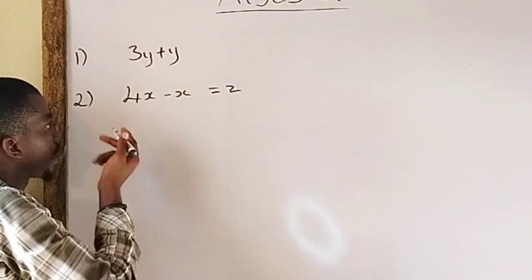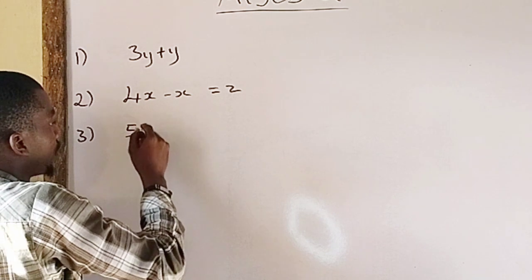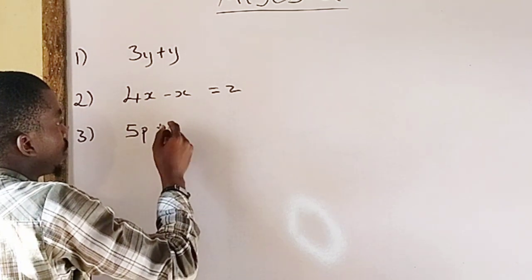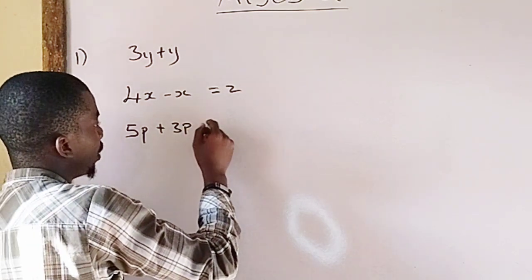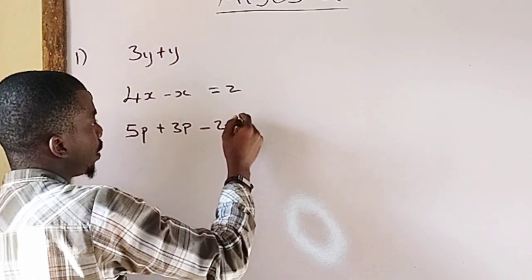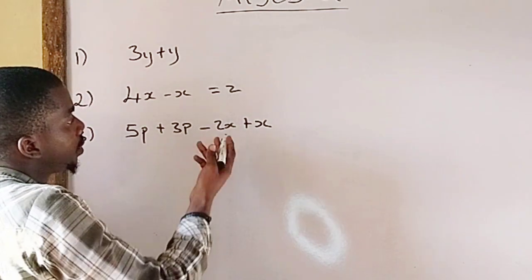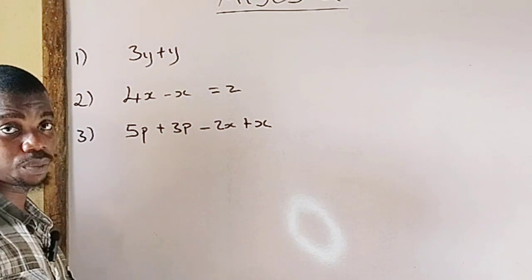This is an algebraic expression. Even if we have 5p plus 3p minus 2x plus x, this will still be an algebraic expression.